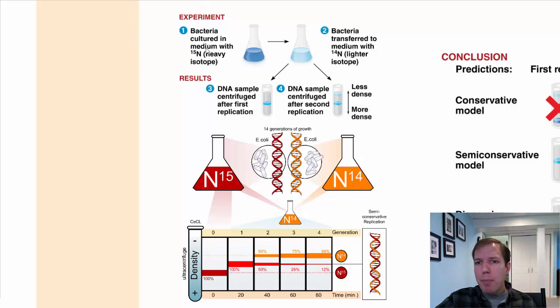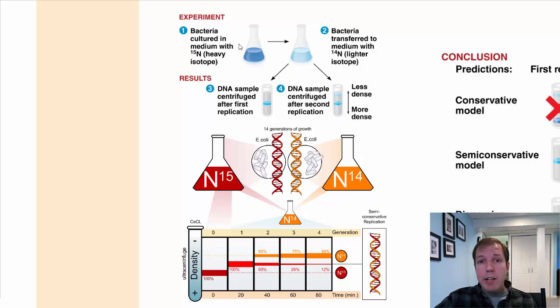If you follow the outline at the top, first they took bacteria and cultured them in a medium that had a heavy isotope of nitrogen, nitrogen-15. As the bacteria were growing and dividing, they would take in those heavy isotopes and incorporate them into their DNA.